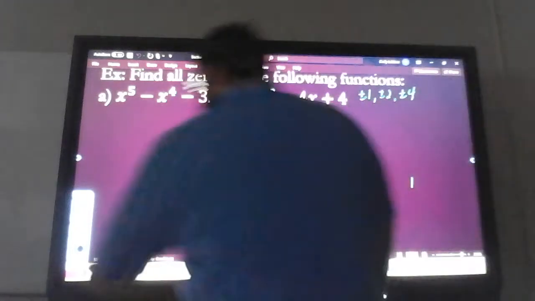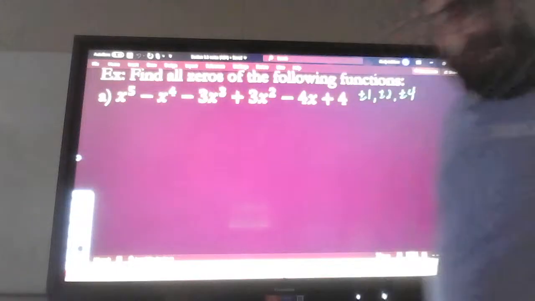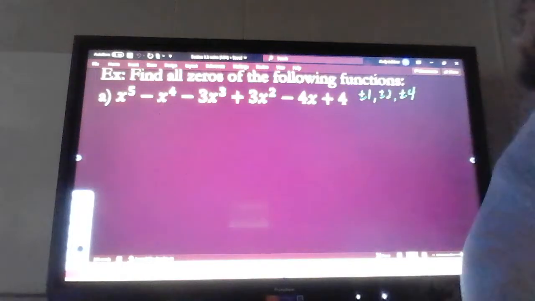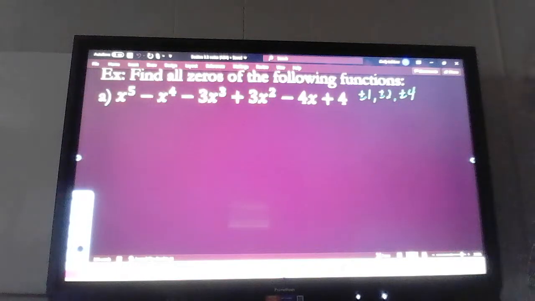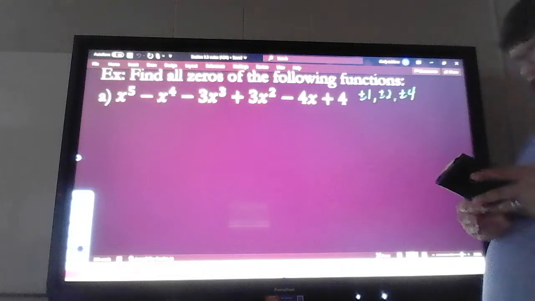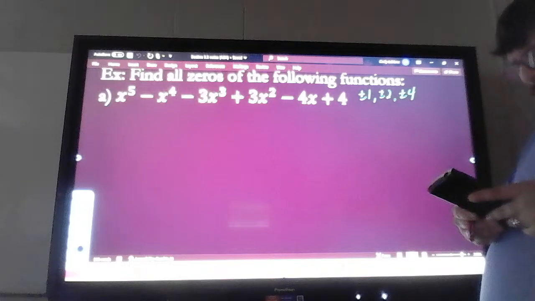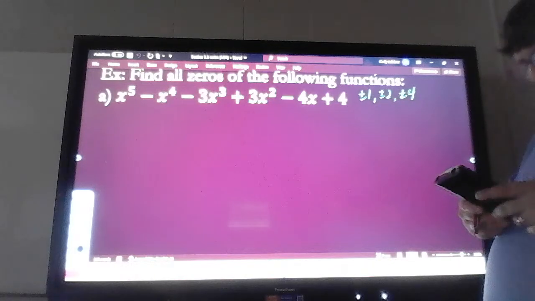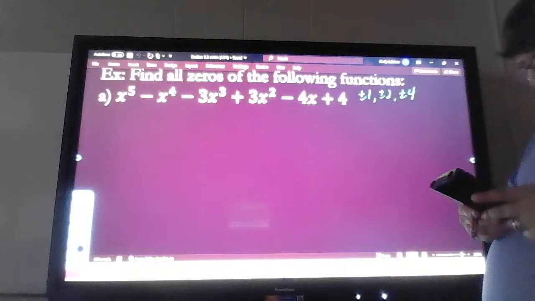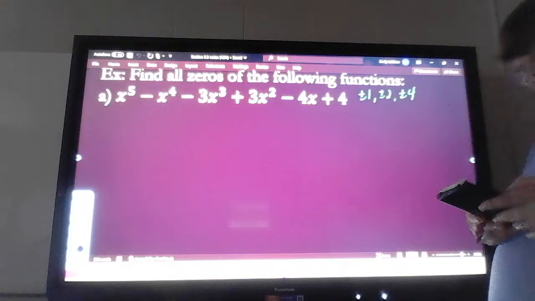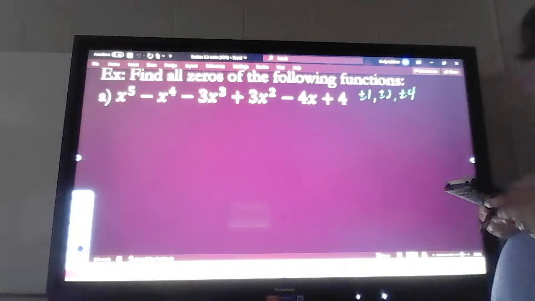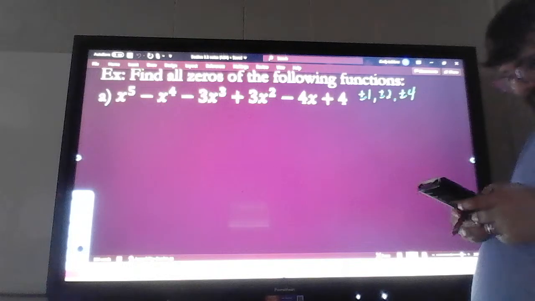Okay. So for now, let's put this in the calculator and see if any of these 6 give us a 0. When I substitute into the equation, I have x to the fifth minus x to the fourth plus 3x cubed plus 3x squared minus 4x plus 4.